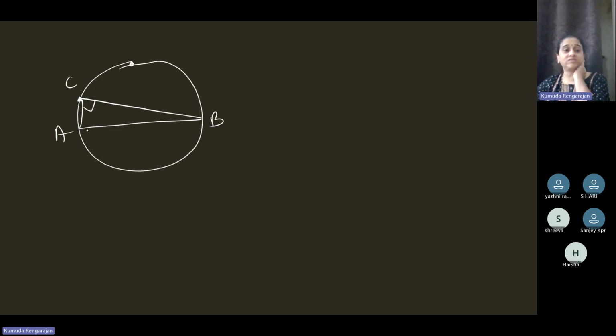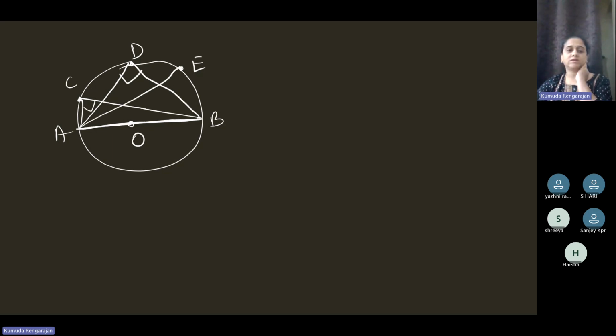If this is the diameter, that means the center lies on it. Take a point D, join A to D, B to D. This angle is 90. Take another point. Join A to E, B to E. This is 90 degrees. That's because this is 180. So half of it is 90.